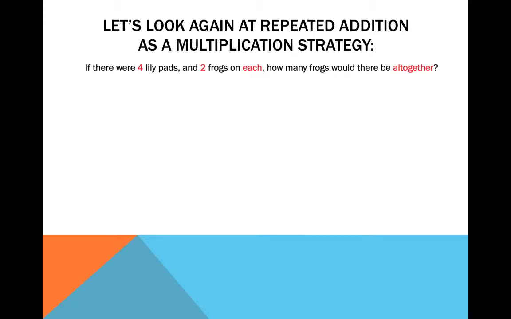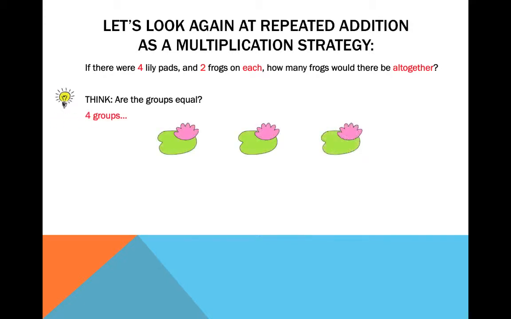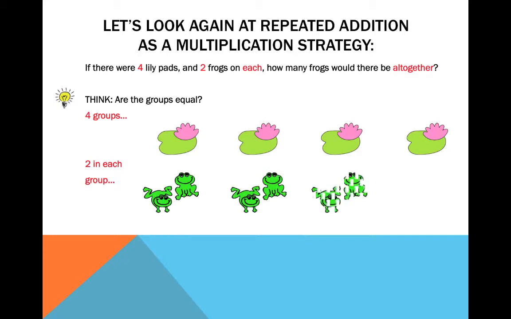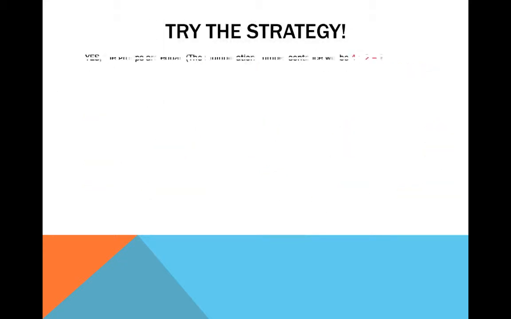If there were 4 lily pads and 2 frogs on each, how many frogs would there be altogether? So think, are my groups equal? I have 4 groups. 4 lily pads, yes. And I have 2 in each group. 2 frogs for lily pad 1, 2 for 2, 2 for 3, and 2 for 4. Let's try the strategy.